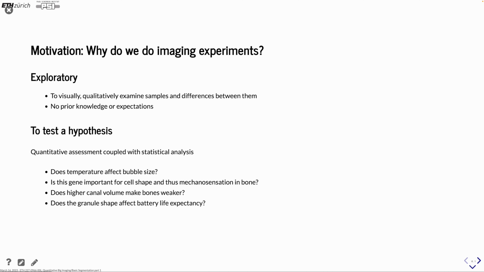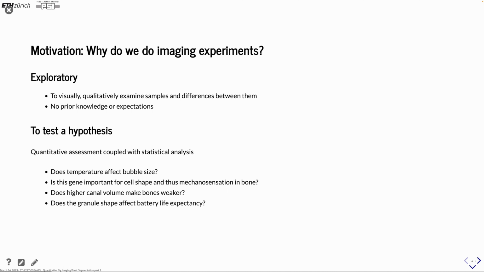Another reason would be that we want to test a hypothesis, and for that we need a quantitative assessment, which is coupled to some kind of statistical analysis. So, for example, does the temperature affect bubble size in some foam? Or is this gene important for the cell shape? And maybe looking at some effects in the bones.